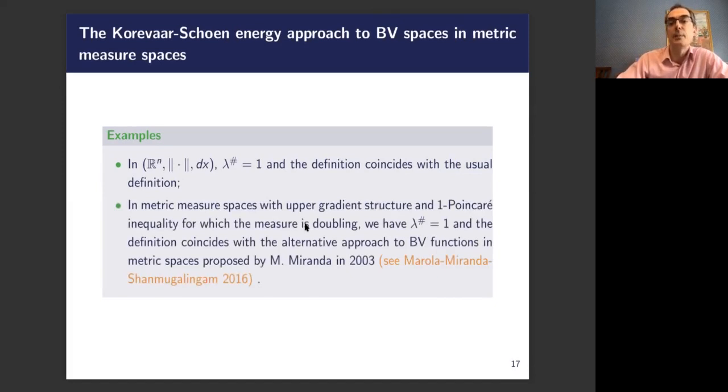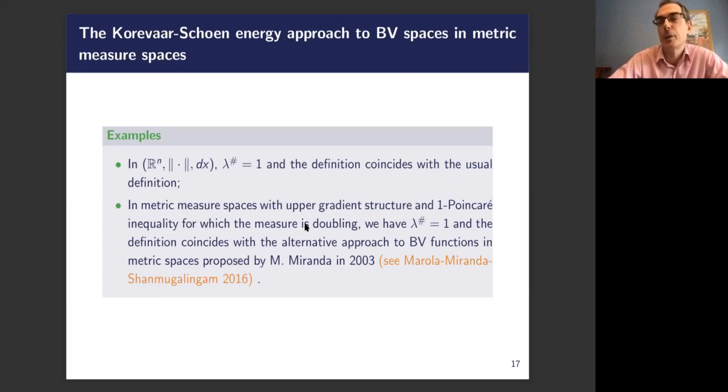And more generally, it was proved in 2016 that the Korevaar approach, using a metric approximation of the gradient, gives the same theory as the one that some people have been developing since the early 2000s in the context of metric measure spaces which are relatively regular, in the sense that they admit what we call an upper gradient structure.